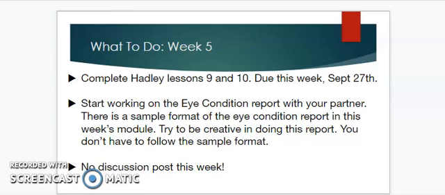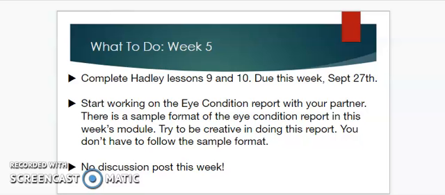And we start working on the eye condition report with your partner or partners. There is a sample format of the eye condition report, which is the same as what was posted last week, so it is again posted in this week's module. You do not have to follow that format. You can be creative, maybe a brochure.